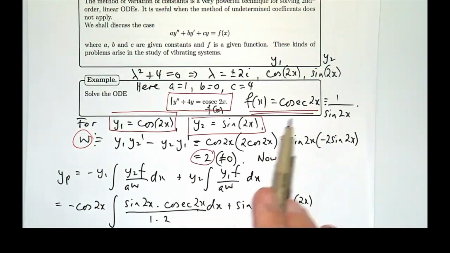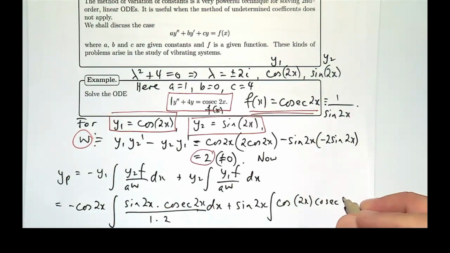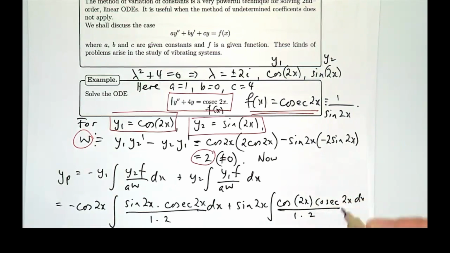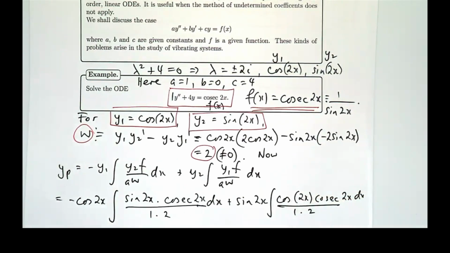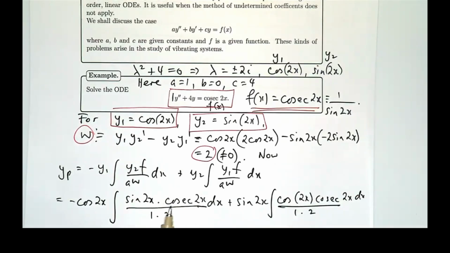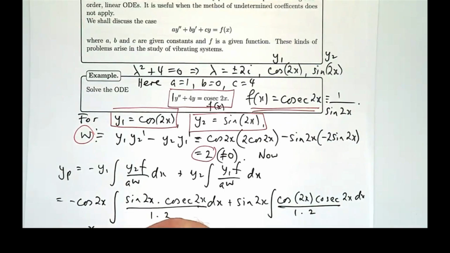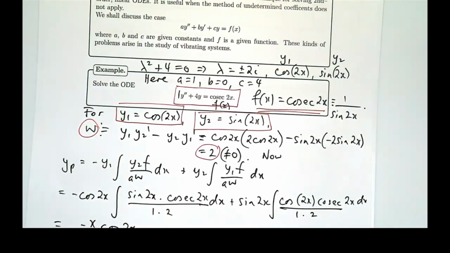Okay, so let's write it as cosec again. Okay, so that's going to simplify nicely, and I'll integrate it to be so it'll become x on 2. Okay, and now it's about this thing.